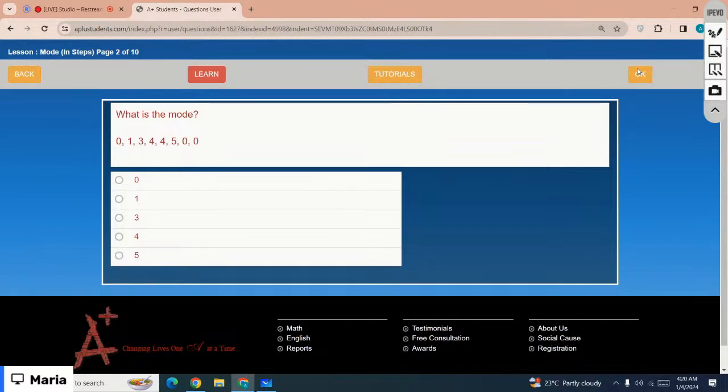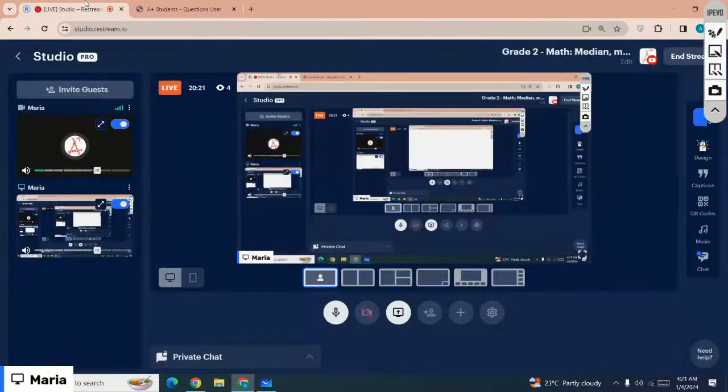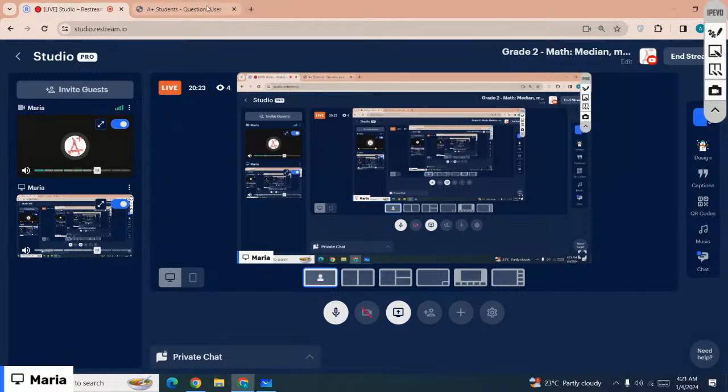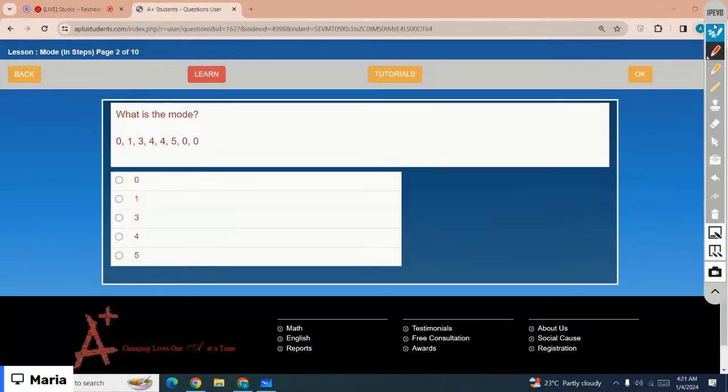Which is the mod value? Which number appears most of the time in the data? What is the mod value? Just arrange them from least to greatest, right?